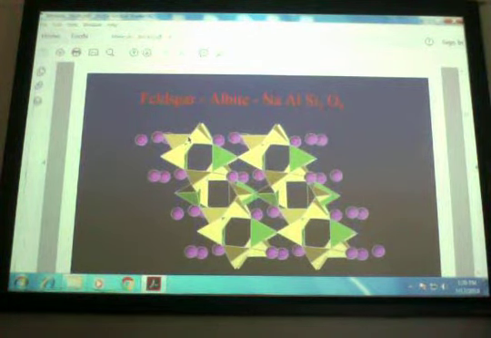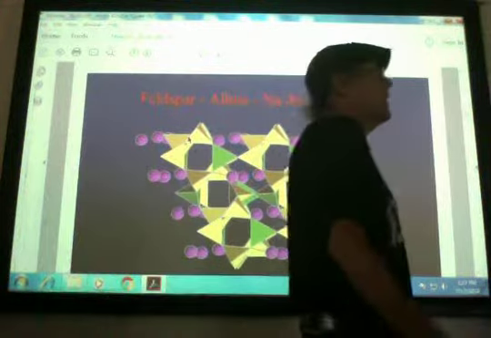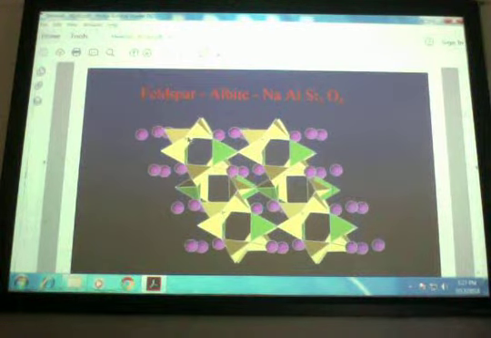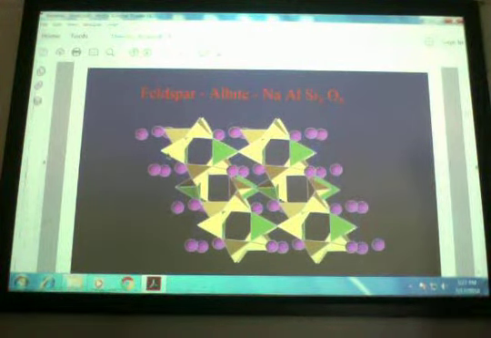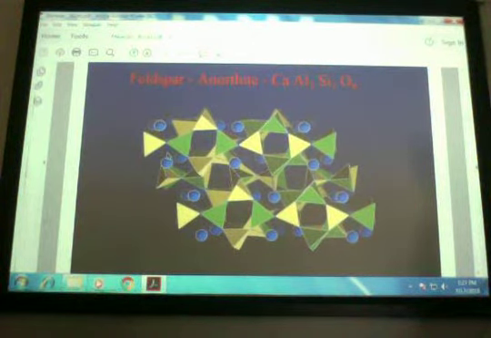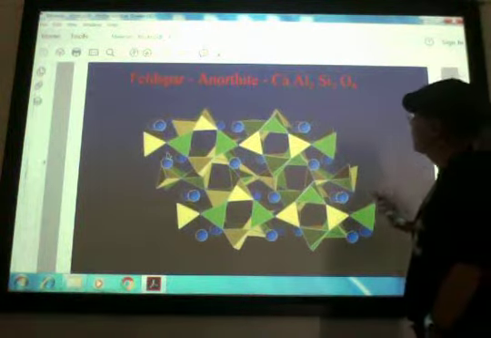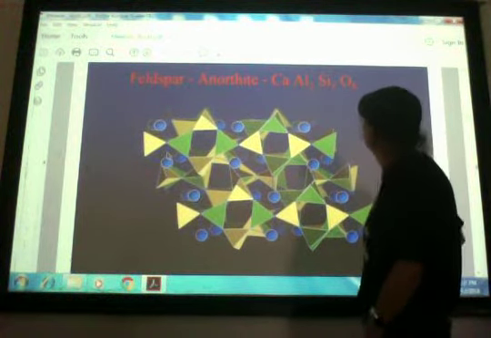So, and then you can replace these sodium atoms by calcium, but therefore you have to remove a silica and add one aluminium inside. And therefore the anorthite, which is this one here, is changing the symmetry, yeah?